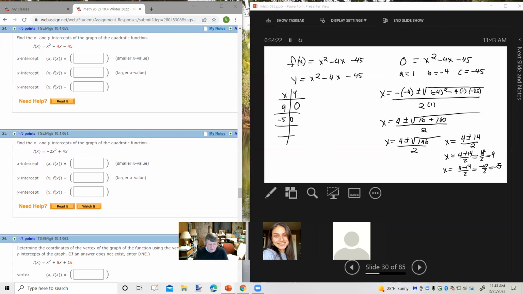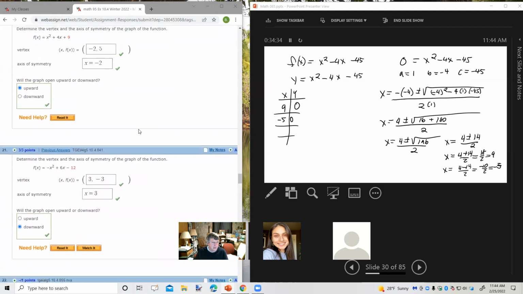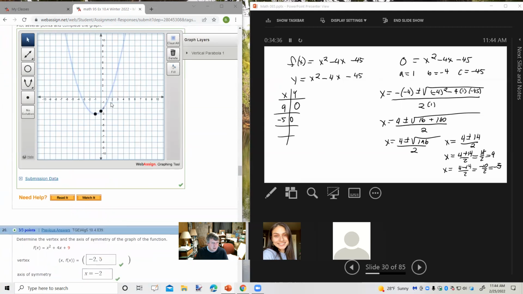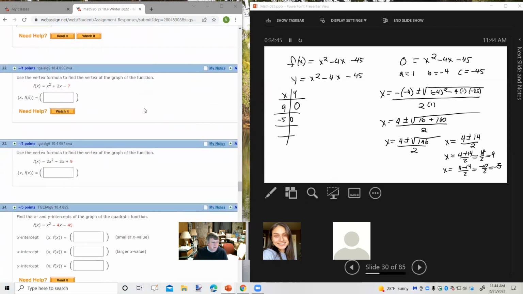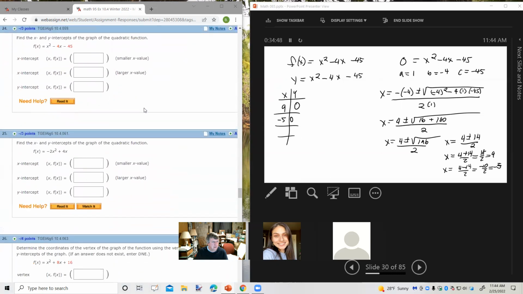So we've got those two x-intercepts, right? Okay, think about it, a parabola. Well, let's go back. I'm doing number 24, but let's go back here. Doesn't this thing cut through the x-axis twice and through the y-axis once? So it could have two x-intercepts. Okay, so to find x-intercepts, you set y equal to 0 and then use the quadratic formula.